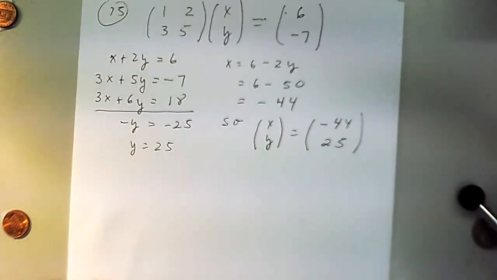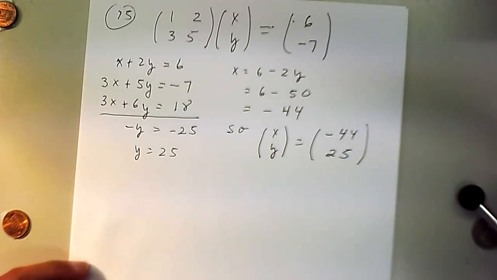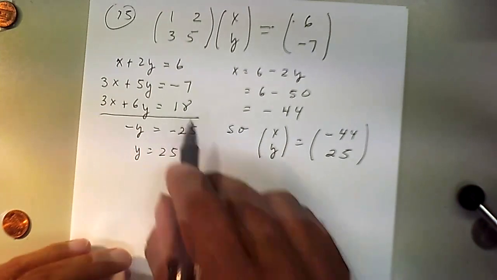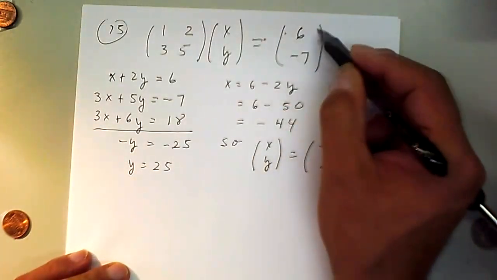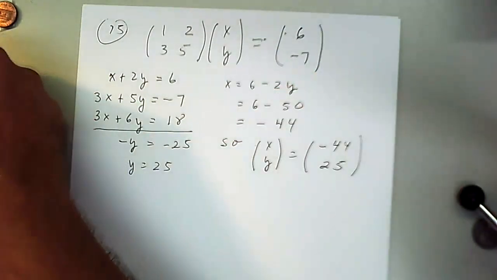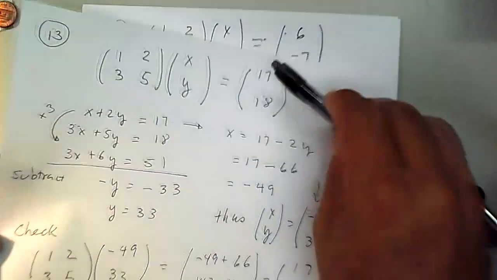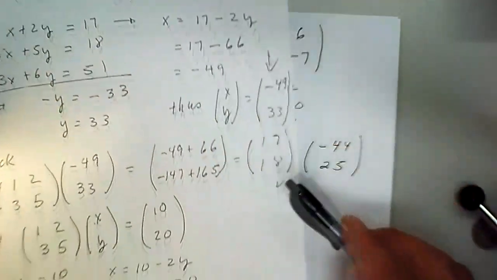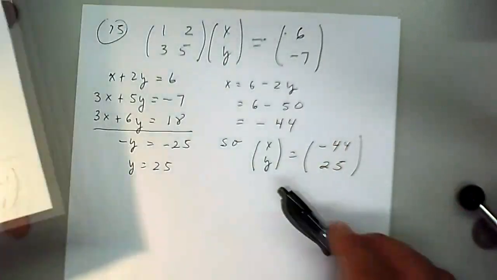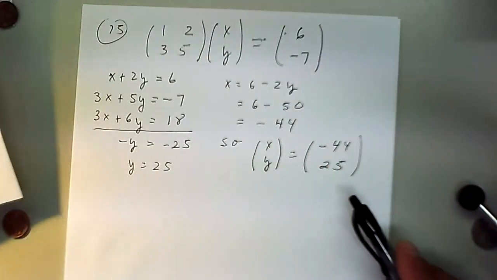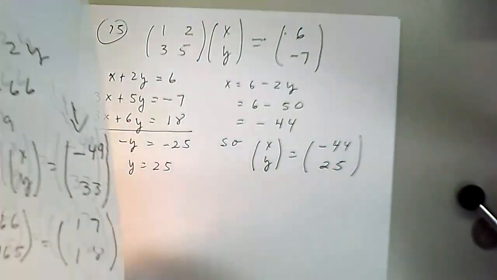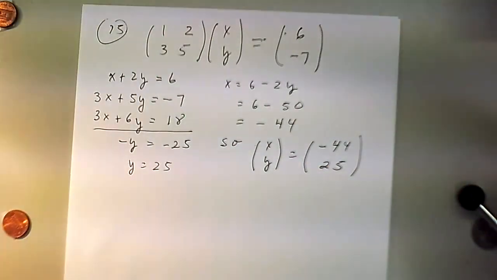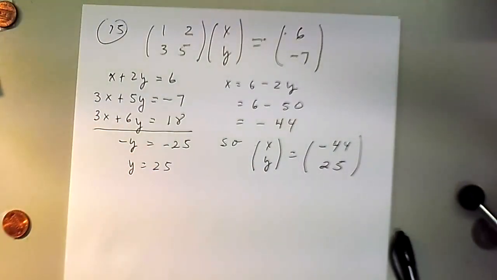Now, pretend I was going to give you 50 of these problems, exactly the same. The only thing different is that I'm changing those numbers. Just like we did with problem number 13, same setup, but 17, 18, then 10, 20 in example 14, 6, negative 7 in example 15, and so forth. If we make too many of the same kind of problems, we want to find a way to mass produce the solutions.